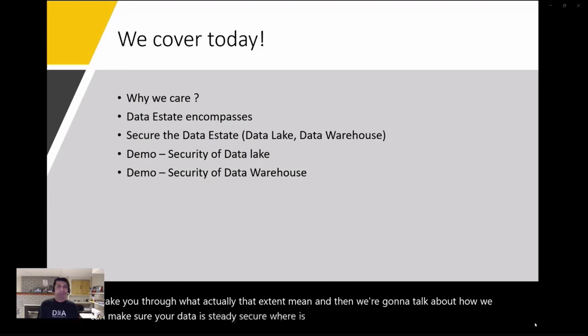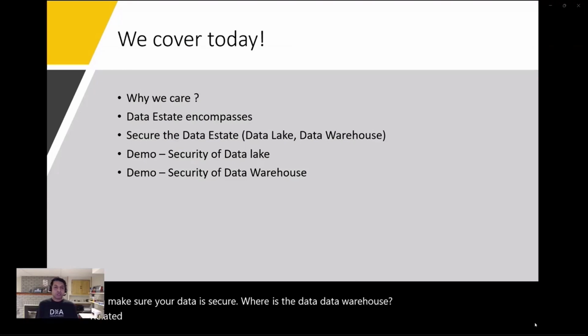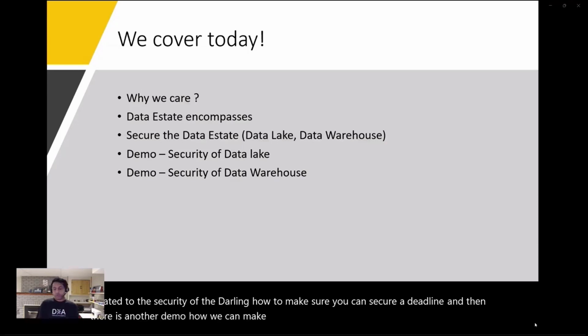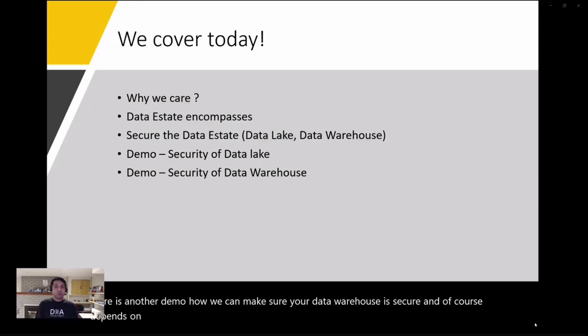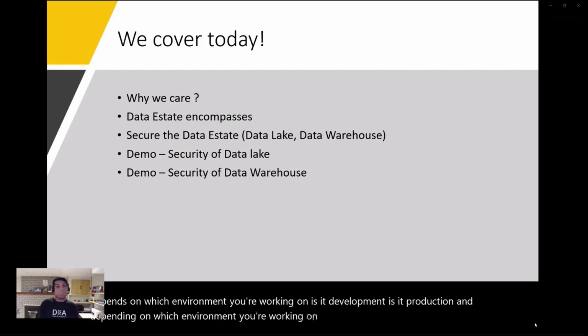Where is the data lake and data warehouse? There will be a demo related to the security of the data lake, how you can secure your data lake, and then there is another demo on how you can make sure your data warehouse is secure. And of course, it depends on which environment you are working on. Is it development? Is it production? Depending on which environment you are working on, that security will be applied differently, right?